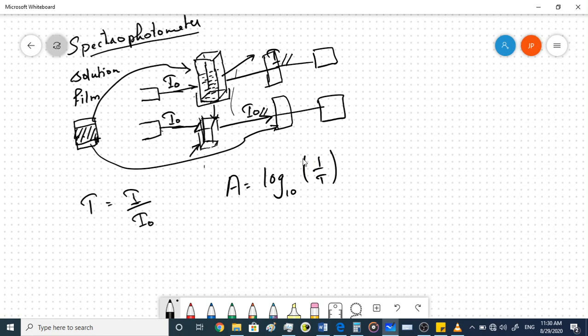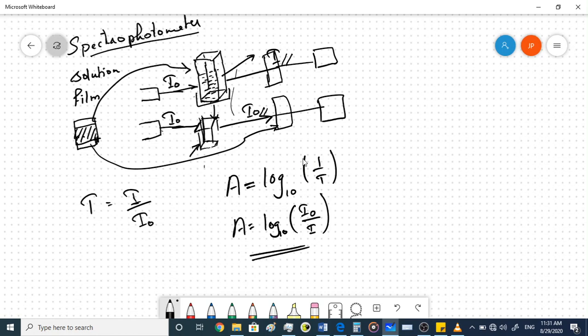The general form in which we write absorbance is A equals log to the base 10 of 1 by transmittance, where transmittance is given as I by I0. So you will get A as log to the base 10, I0 comes to the top and I to the bottom. So this will be the form.